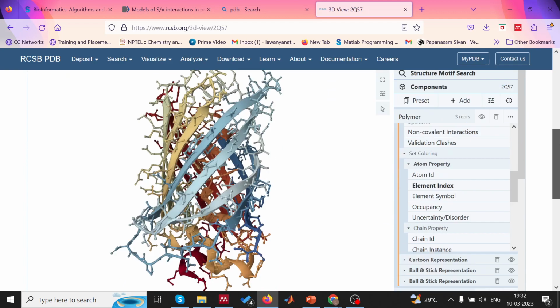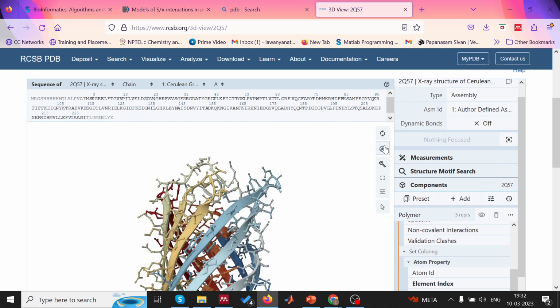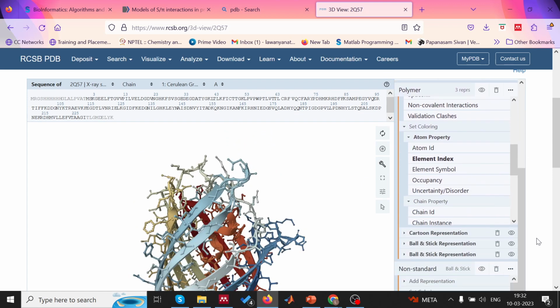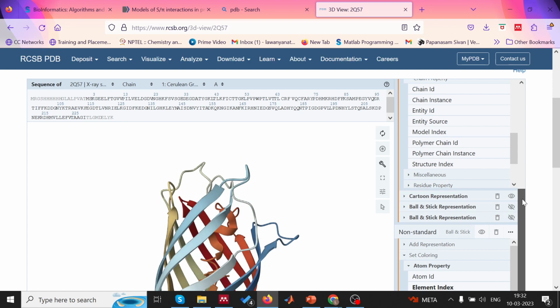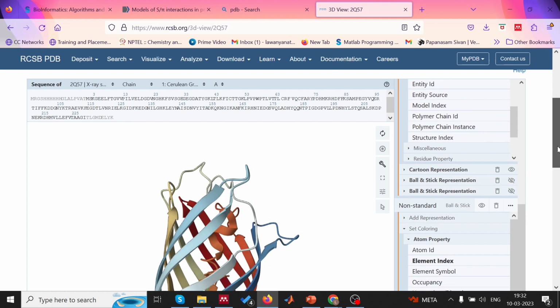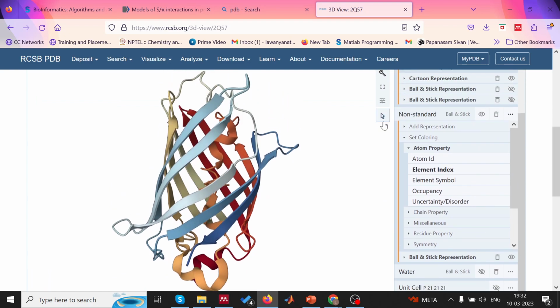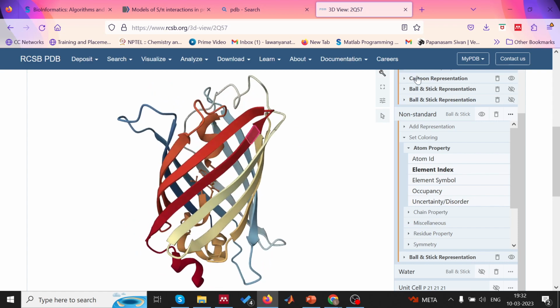You will get better representations with PyMOL. Now you can also take a snapshot of this screenshot or take snapshot. You can orient in a particular direction. Now this ball and stick representation you can remove, and there you get the structure which you can take a snapshot of.